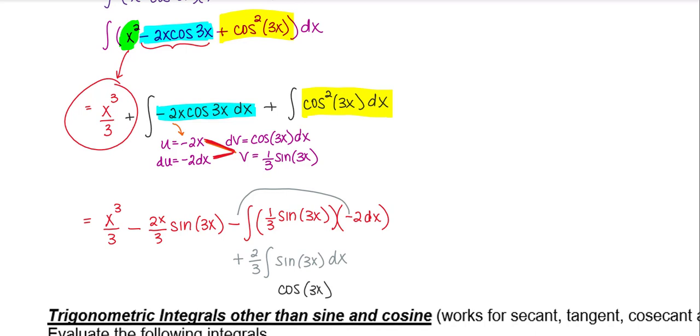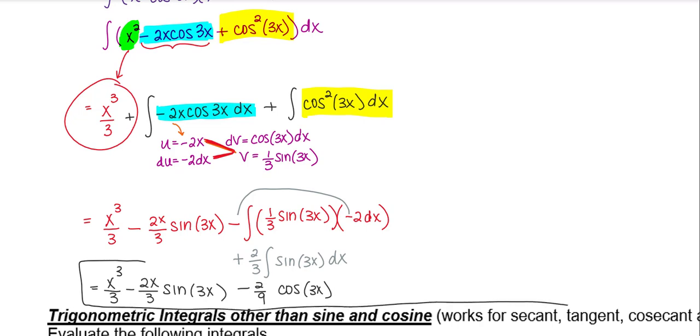I will have to divide by another 3, so that'll make this a plus 2/9, and it's going to have to be negative. So I'm going to change this back to minus 2/9. And I'll copy the first two terms that I have already integrated. Here I am. So far, I am not done.